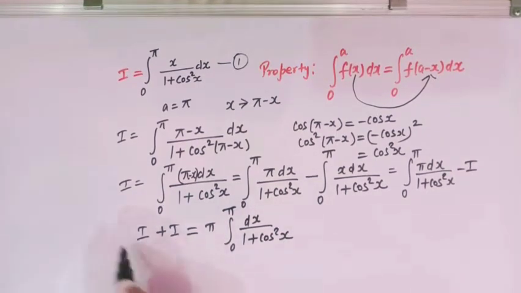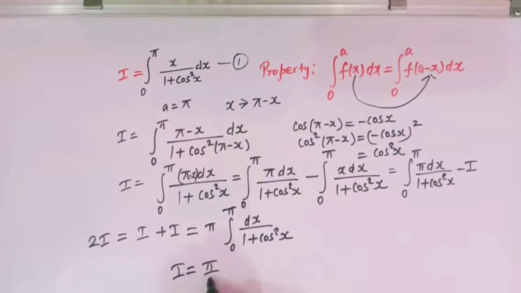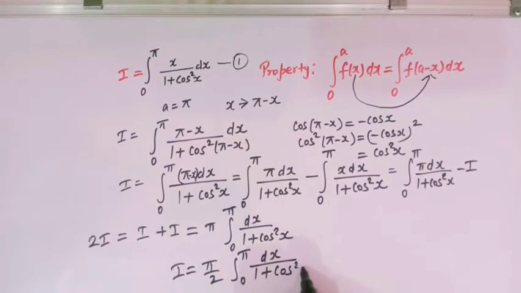And I plus I is equal to 2I, so I can be written as pi over 2, and integral from 0 to pi dx over 1 plus cos square x, right?